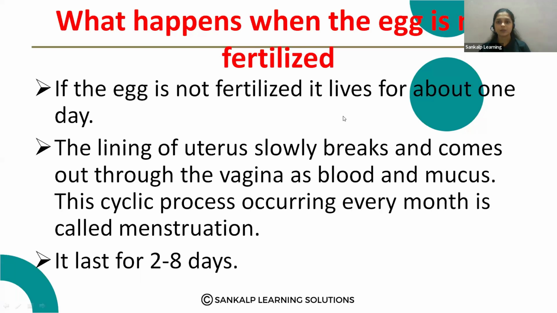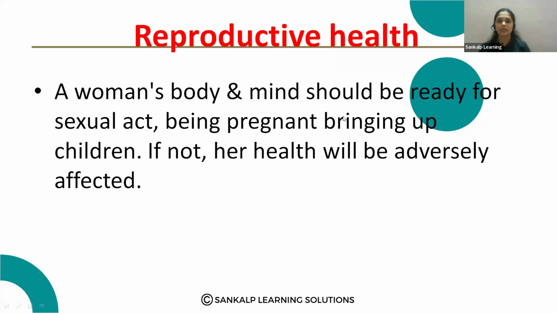Okay, then I will move to the next topic: reproductive health. Reproduction is also a very important process, and maintaining reproductive health is also very important, right? A woman's body and mind should be ready for the sexual act. If the woman's body is not ready for this, it may affect her adversely.